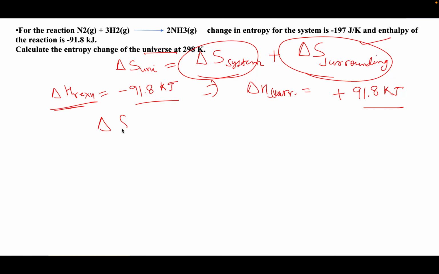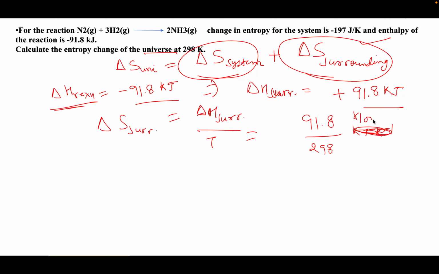And then delta S of surrounding will be delta H of surrounding divided by T. So this is 91.8 divided by T, which is 298, in kilojoule per Kelvin. So multiply by 1000, this will give joule per Kelvin.